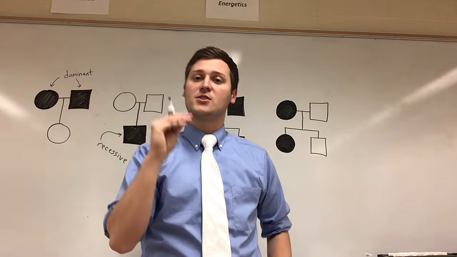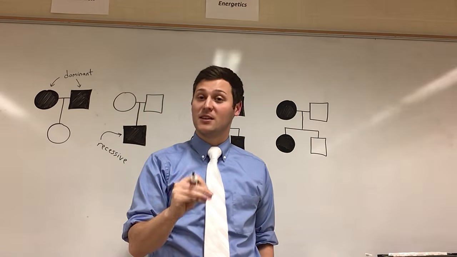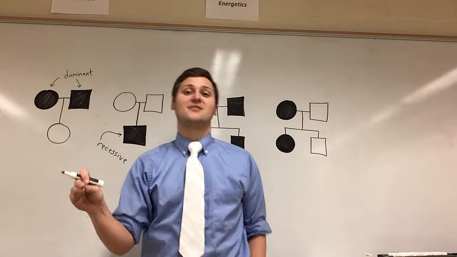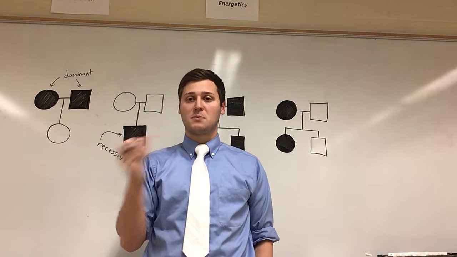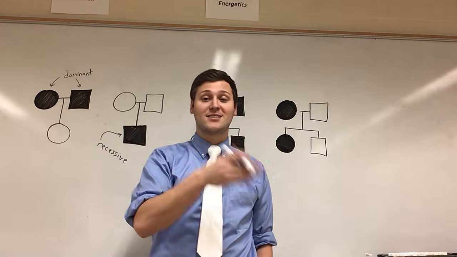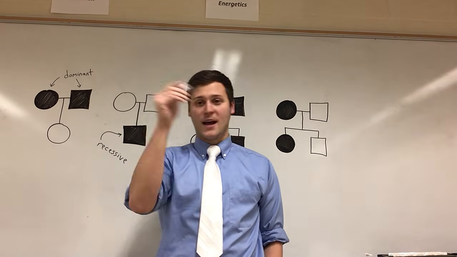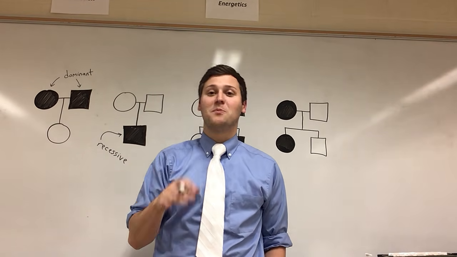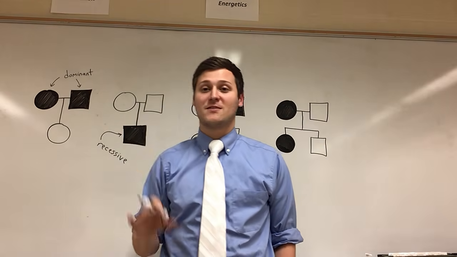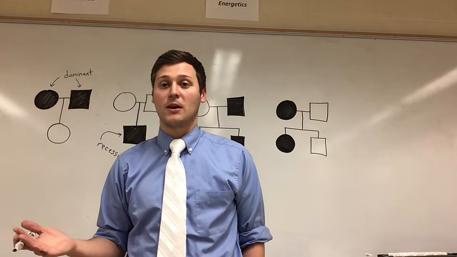The goal here is to eliminate X-linked as a possibility. You cannot really eliminate autosomal because even if X-linked works, chances are for most pedigrees, autosomal will also work. So if you have an X-linked recessive pedigree, I can't guarantee you, but I almost guarantee you that an autosomal recessive trait could also work for that pedigree.